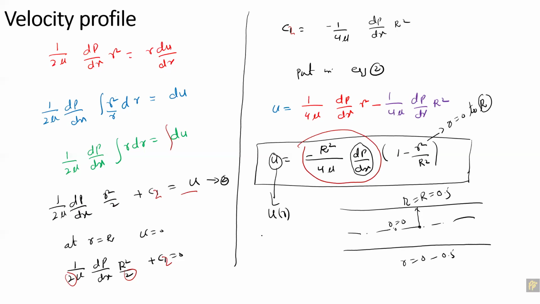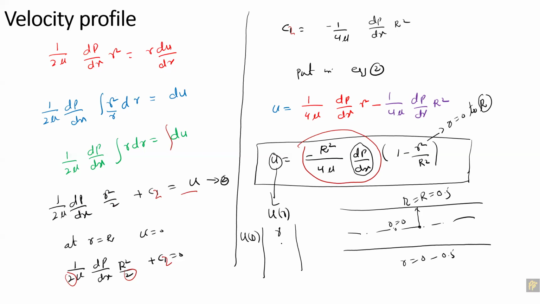So if you want to plot the velocity profile in Excel, you have to write down the r here and the u(r) here. Why in this way? Normally, we write the independent variable, along the x-axis, in the first column, and the dependent variable in the second column.